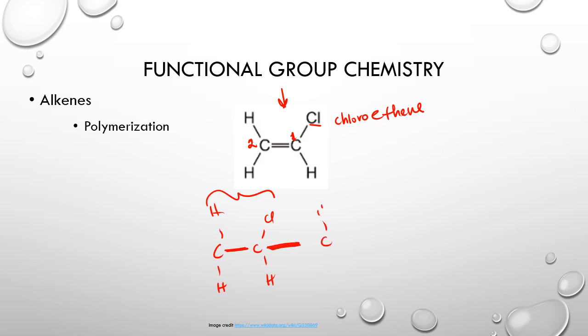So then we'll repeat the CH2, CClH, and then I'm going to do it again. CH2, CClH, and then we're going to keep going, and we'll show that it keeps going with these lines that attach to nothing and everything. So this would be a polymer of chloroethene.